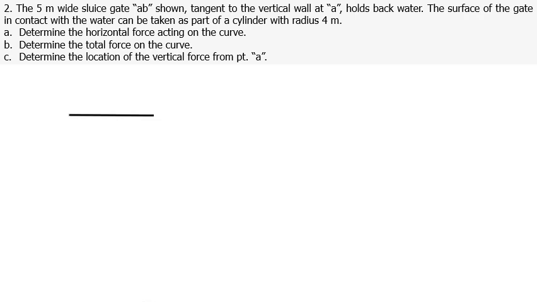We have the water surface. 1 meter below the water surface is the sluice gate AB, which is tangent at point A, with a radius of 4 meters and a center at point C with a central angle of 30 degrees.